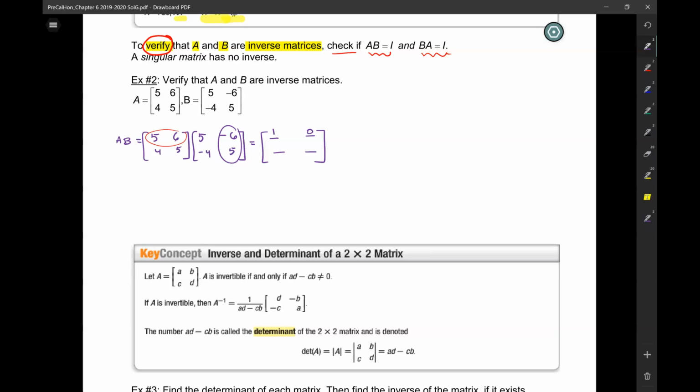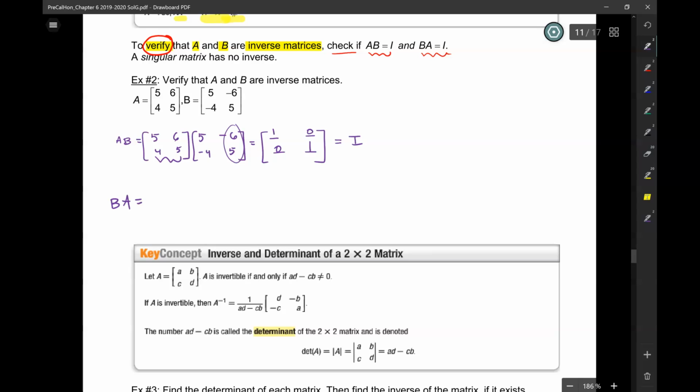Now, row 2, column 1, I get 20, negative 20, that's 0. Row 2, column 2, negative 24, positive 25, I get 1. Hey, what matrix is that? That's an identity matrix.